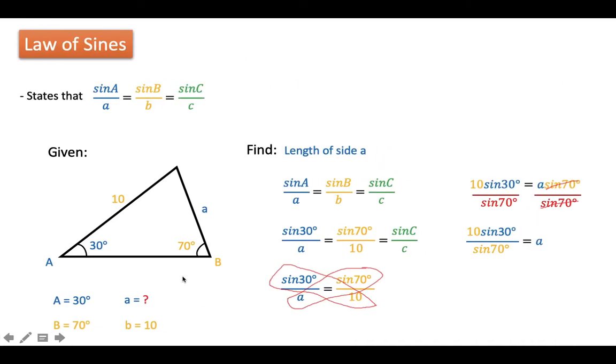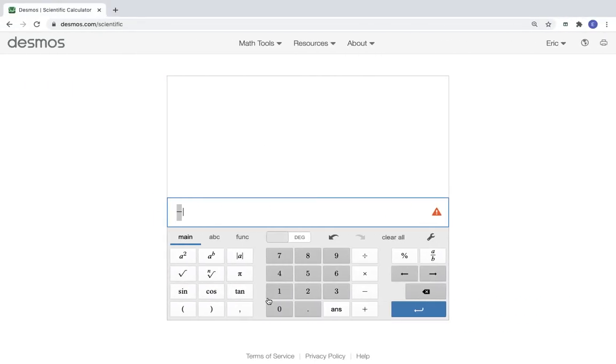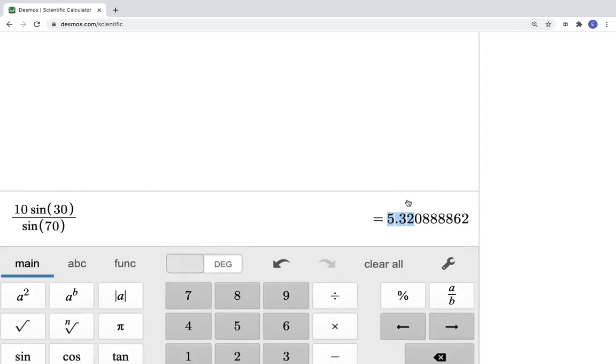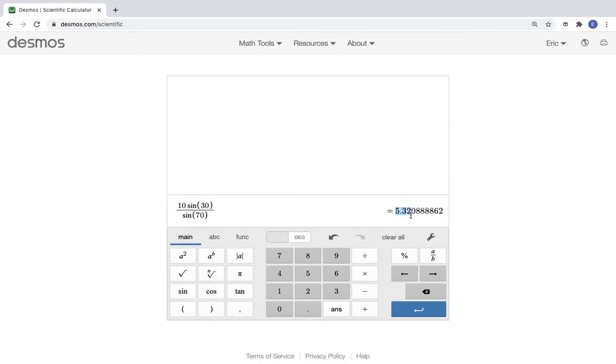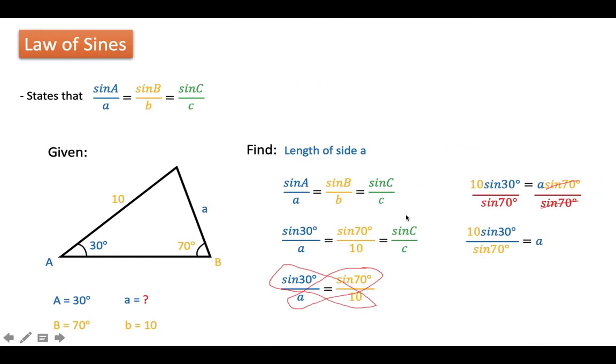From the numerator, we type 10 times sine 30 degrees over sine 70 degrees. And we already have the answer in here, and that is 5.32 units in two decimal places. So that will be our answer, and that's the measure of the length of side a.